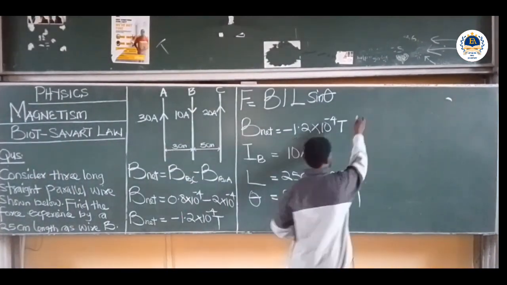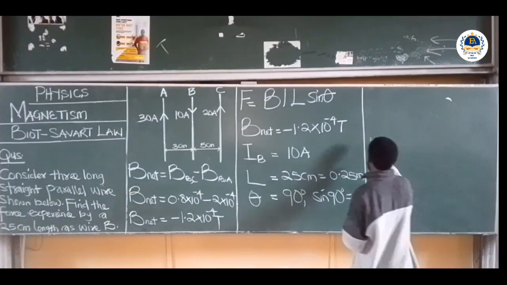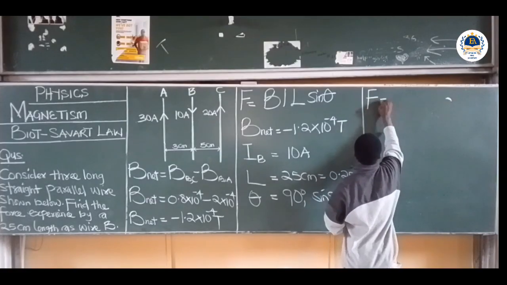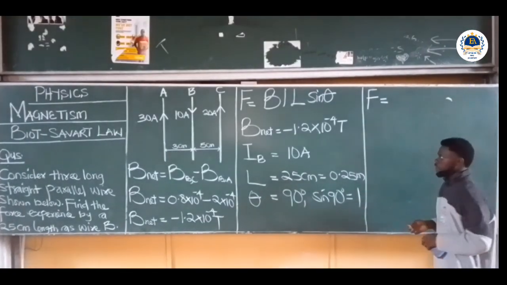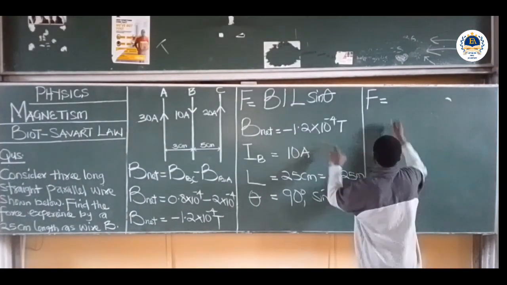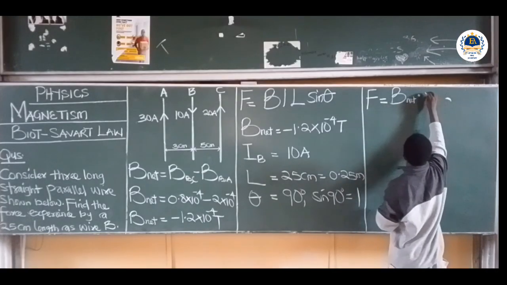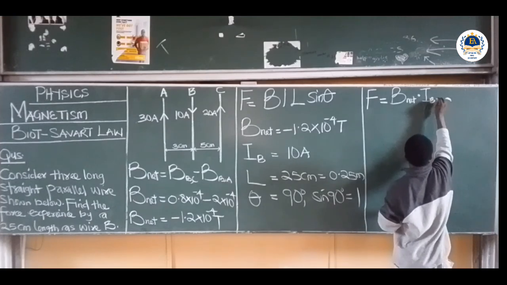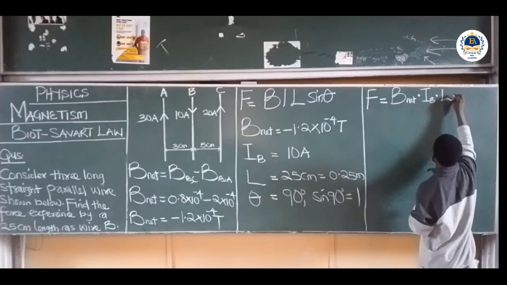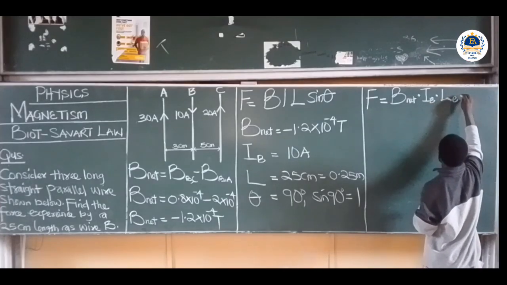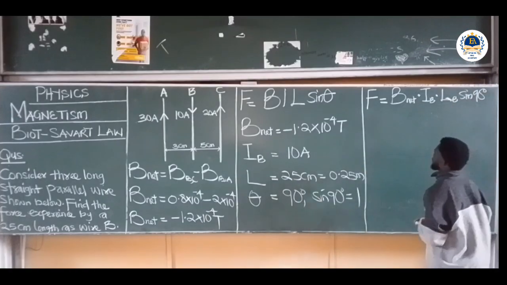So at this juncture, we can substitute into our formula, where F is equal to B times I times L sine theta, that is B net times the current at B times the length of the wire in the magnetic field, then sine 90 degrees.